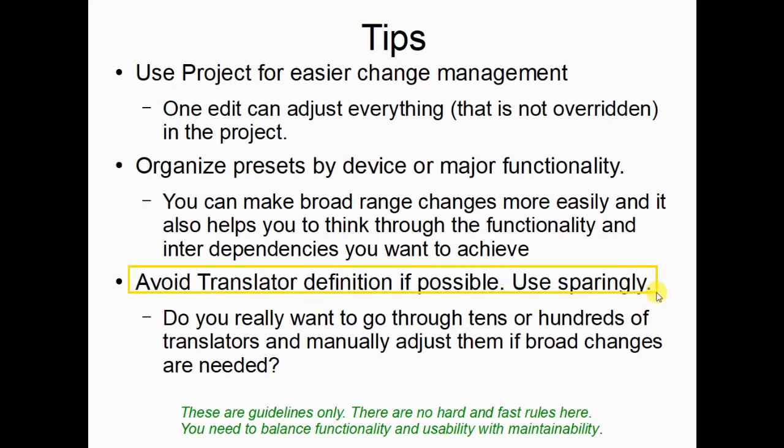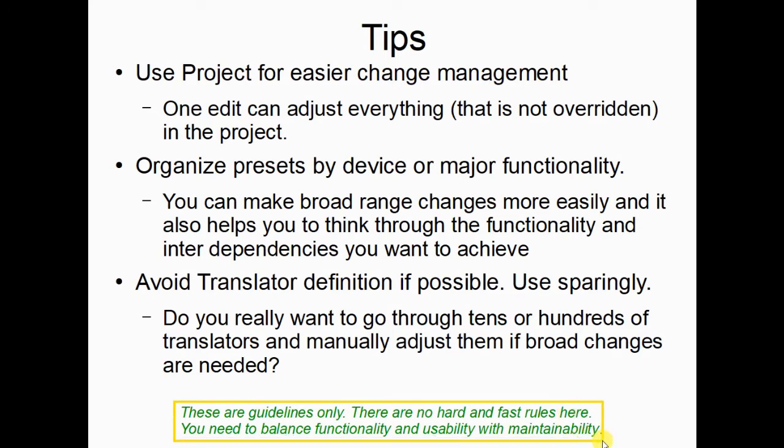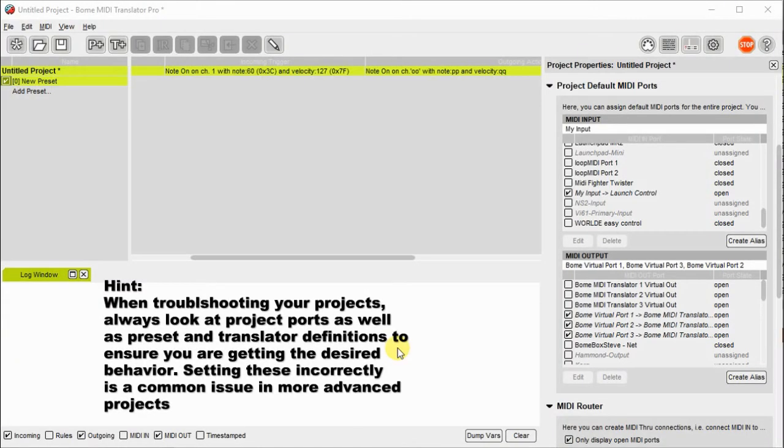And then once in a while you'll get to a situation where a specific translator within a preset or project needs to override everything. Keep in mind, these are guidelines only. There are really no hard and fast rules here. You really need to balance the functionality and usability of your project against the maintainability.